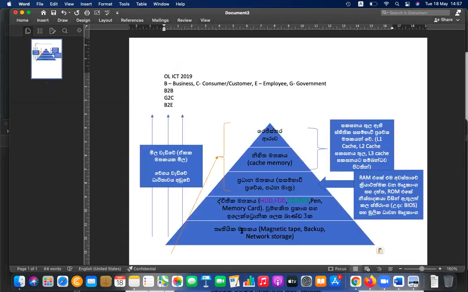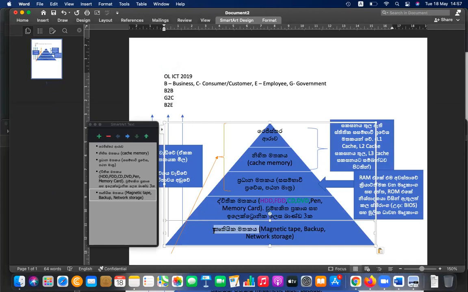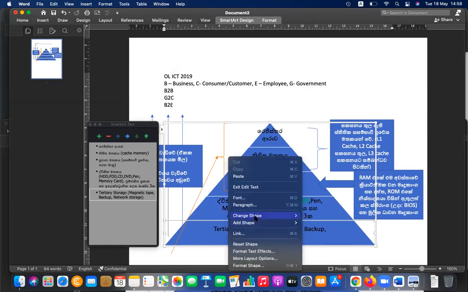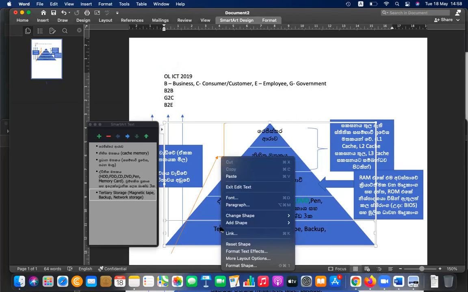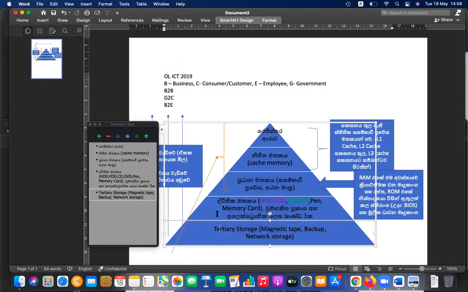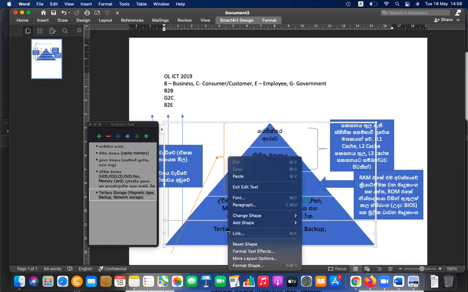You can write this down with me. At the bottom level you have tertiary storage. That is basically where you keep backups, the place where you store data for infrequent use, data that is not needed urgently but might be needed, though not all the time.